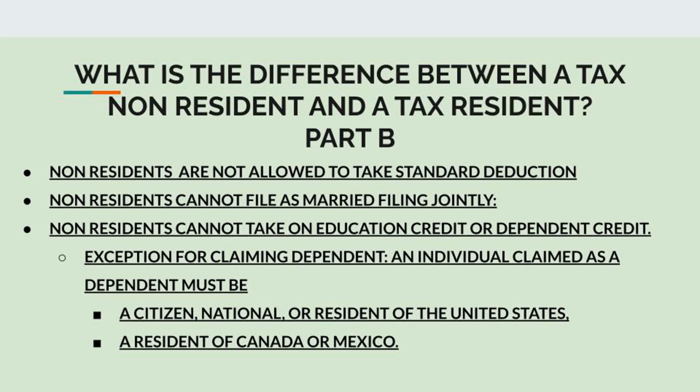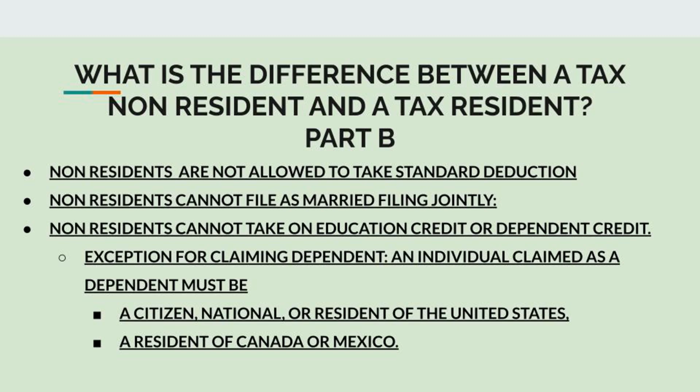The other difference is that non-residents cannot take deductions or credits, such as the education credit or dependent credits. The only exception for claiming a dependent is if the dependent you want to claim happens to be a citizen, national, or resident of the United States, or a resident of Canada or Mexico, and you yourself also have to be a resident of Canada, Mexico, South Korea, or India.